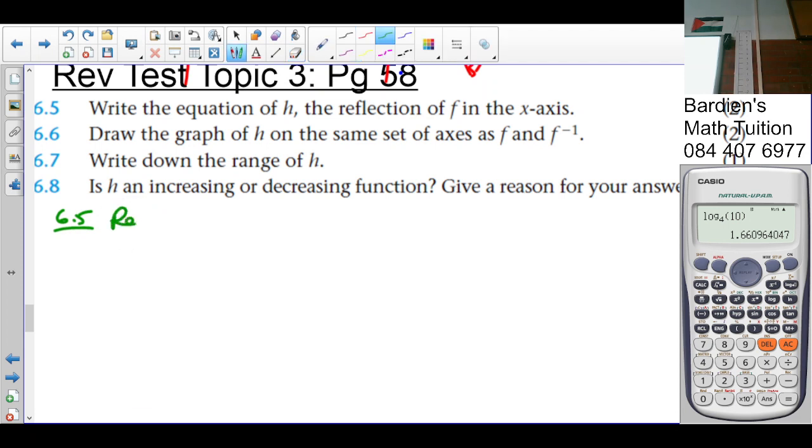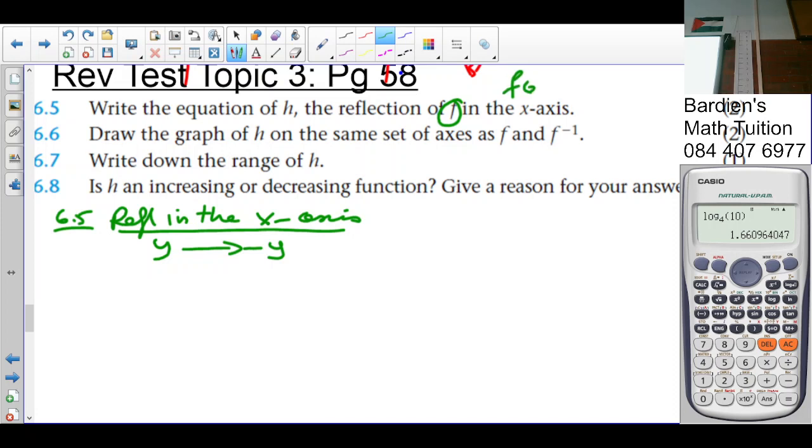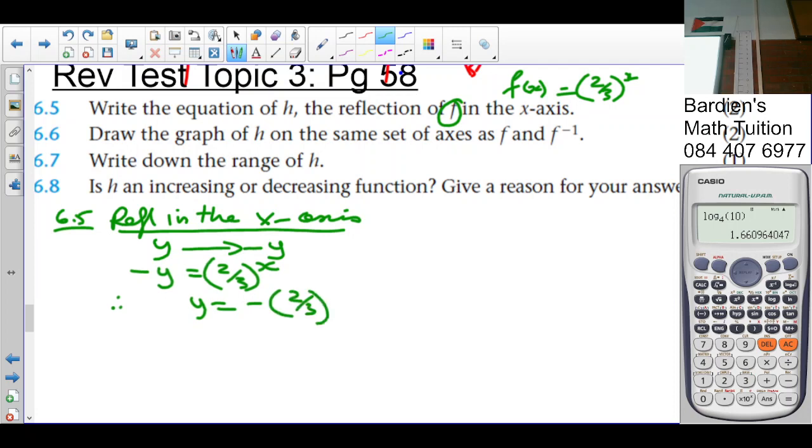Reflection in the x-axis, y becomes negative, not so. What's the equation of f of x? f of x equal to 2/3 raised to x. So negative y is equal to 2/3 raised to the x. So therefore, y equals negative 2/3 to the x. And this is the equation of h of x.